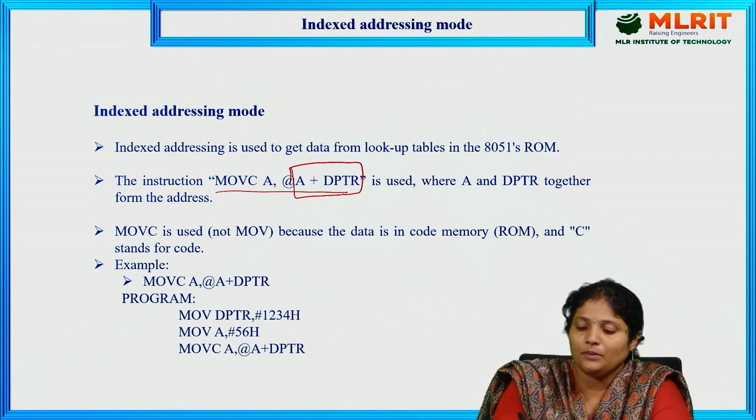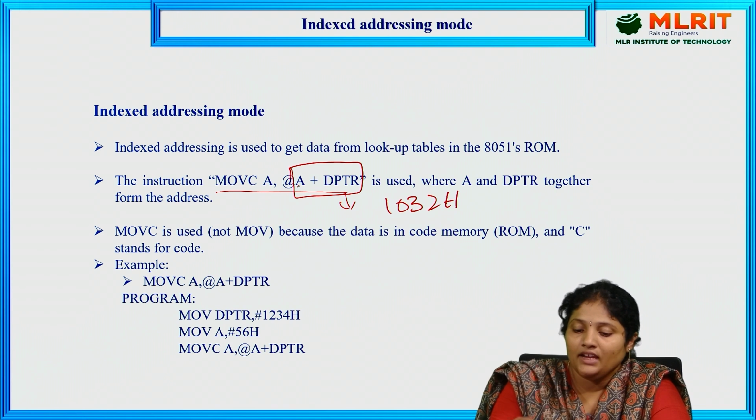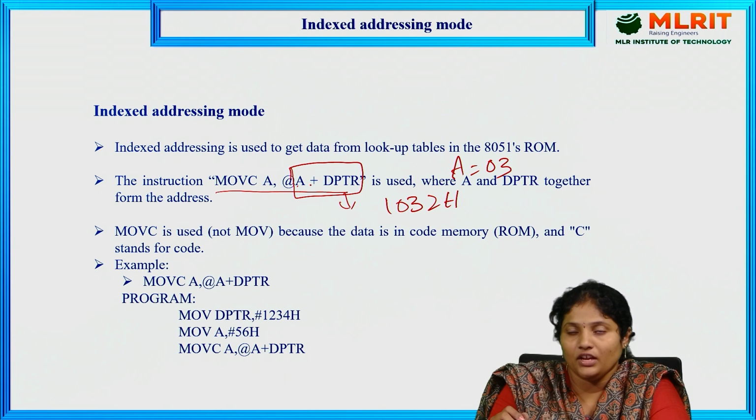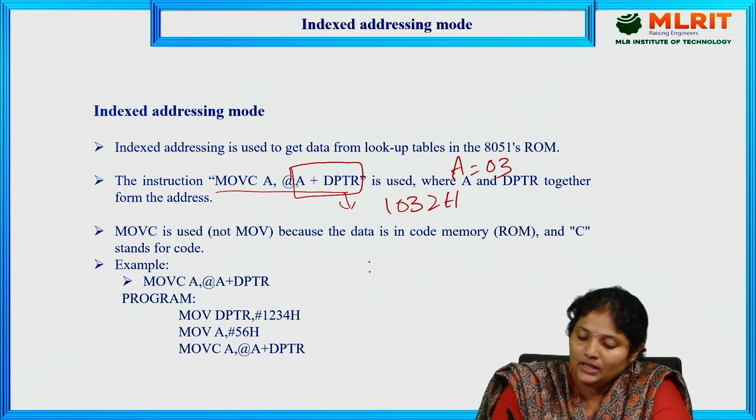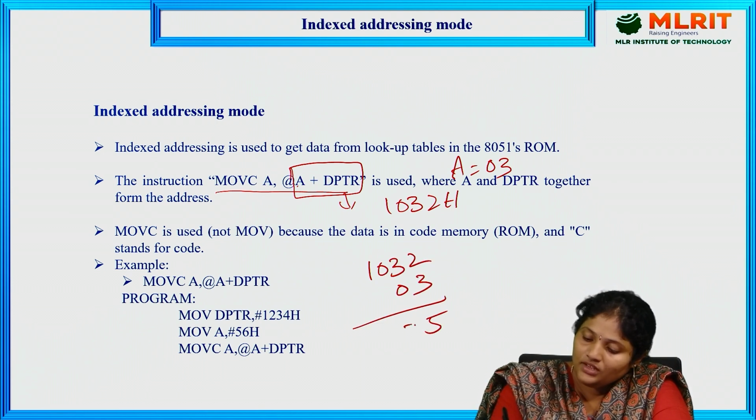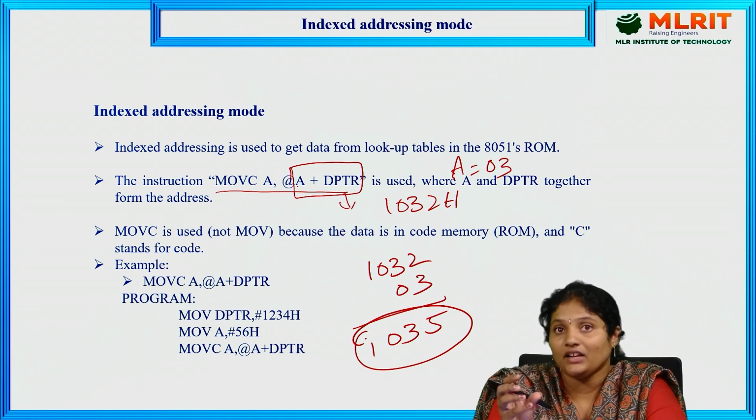Suppose DPTR is holding 1032H and A is holding 03. What will be the address location of the actual data? It is provided by adding the DPTR data with A. After this addition, this is the address location where we can find the actual data.